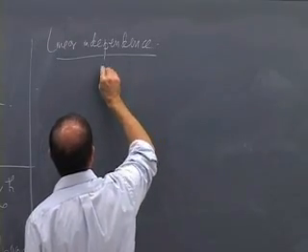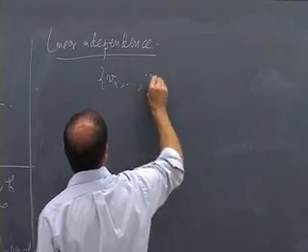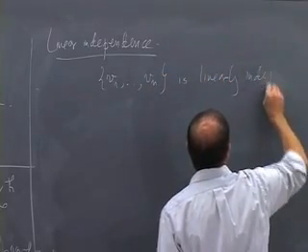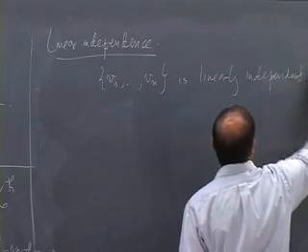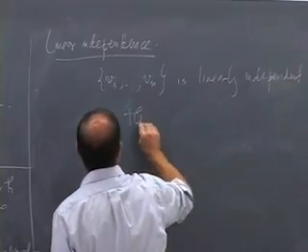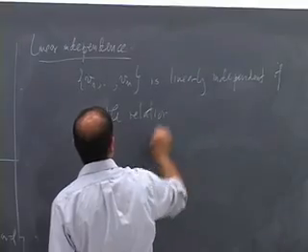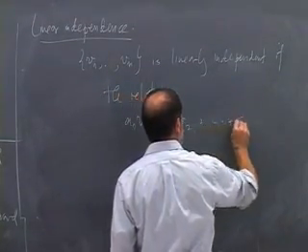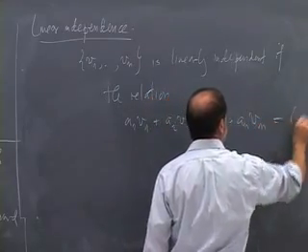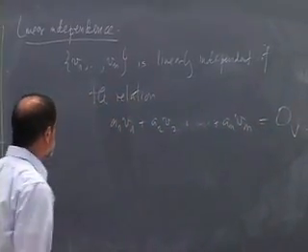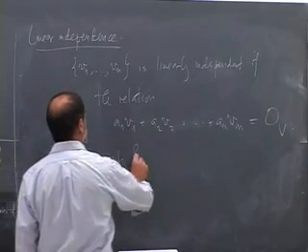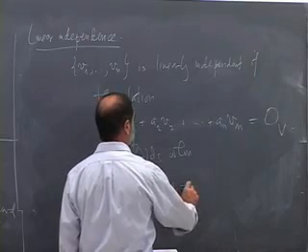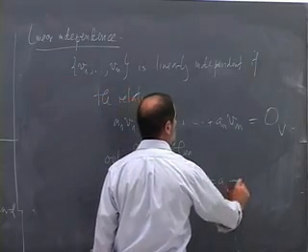You say a set of vectors v1, ..., vn is linearly independent if the relation a1 v1 + a2 v2 + ... + an vn = the 0 vector only holds when a1 = a2 = ... = an = the 0 scalar.